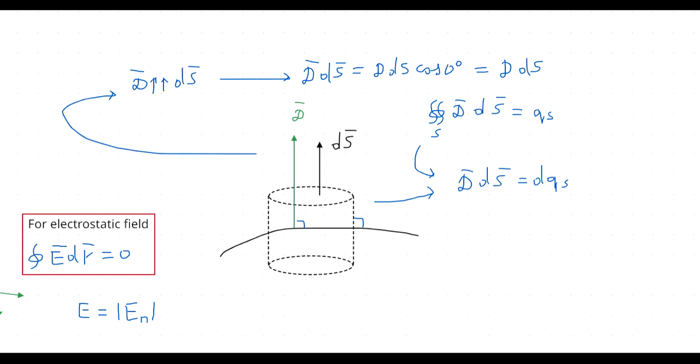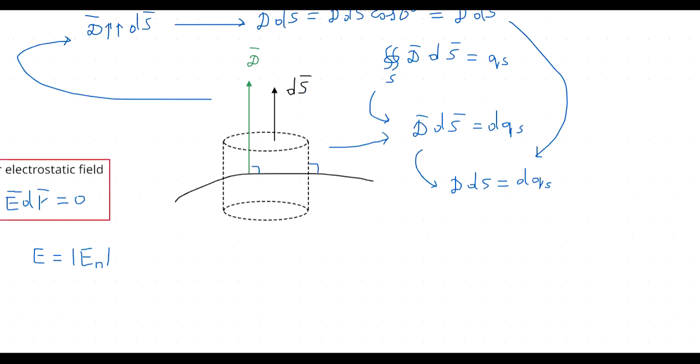So from here we have that D dS is equal to dQ. No, sorry, it is not correct. We'll have this from here and from here. Okay, and what does it mean?